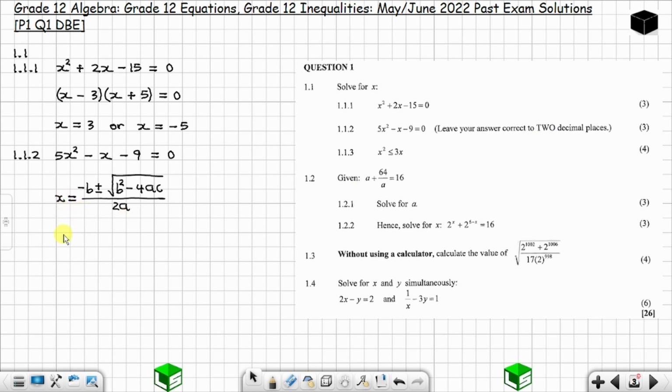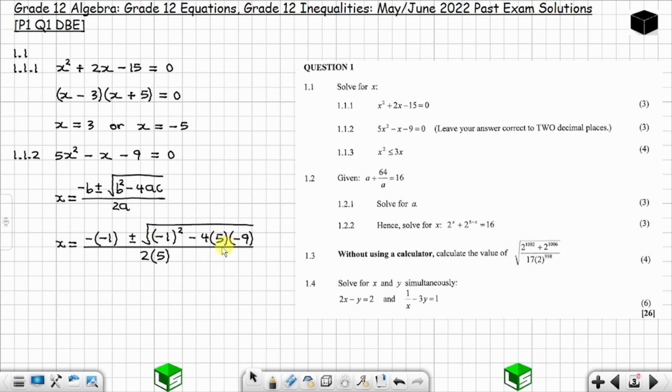So x is equal to this. Now you know that a is 5, b is negative 1, c is negative 9. After plugging these values inside the quadratic formula, you have x is equal to this.